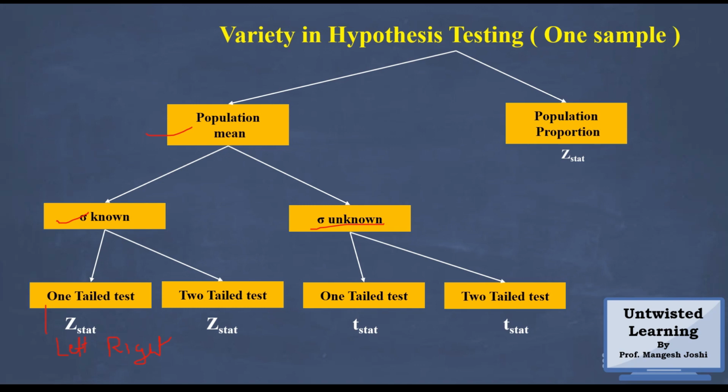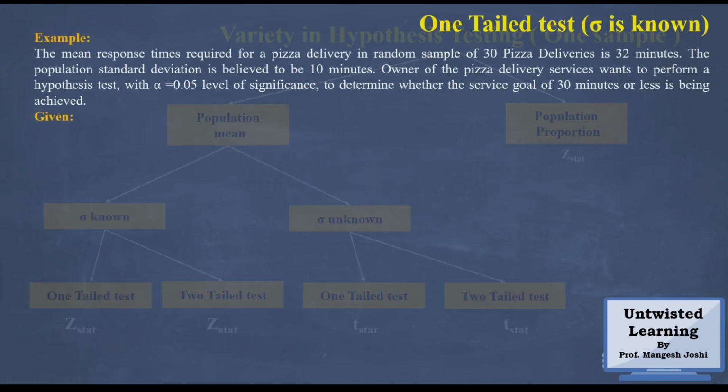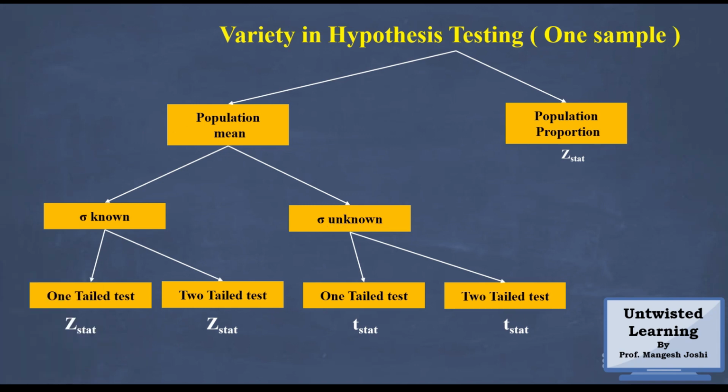Similarly, when sigma is unknown, you will have one tailed and two tailed tests. The statistic used for one tail and two tail tests when sigma is known is the Z test statistic. Whenever the population standard deviation is unknown, you have to use the T statistic. And if you are checking a population proportion, then you can use the Z statistic.